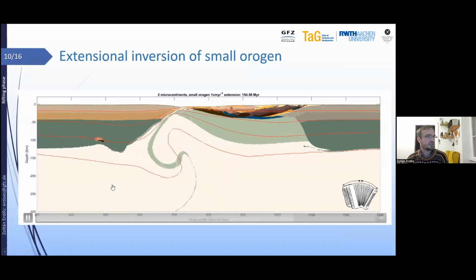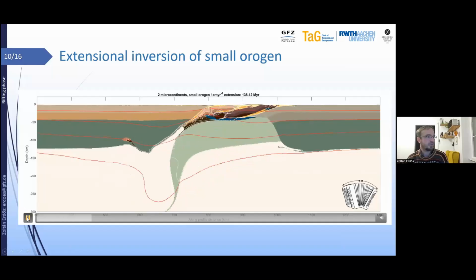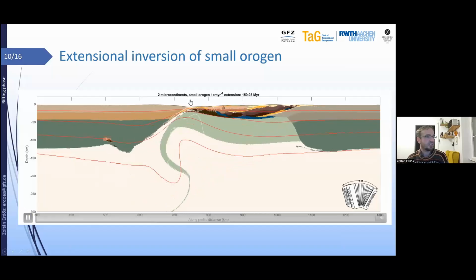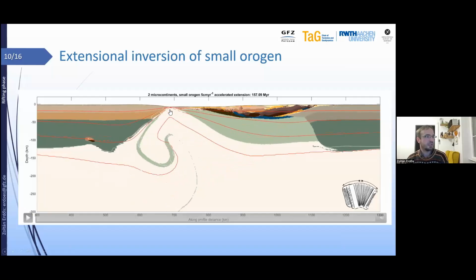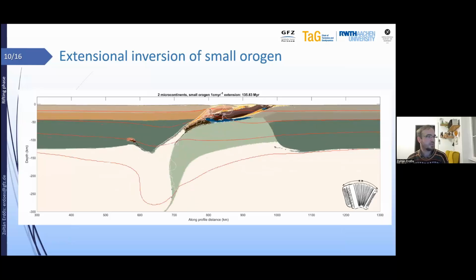In the rifting phase, the small orogen models work like giant core complexes, basically. As I start extending them, mainly the oldest, shortest, steepest suture is the one that is reactivated. That's experiencing most of the deformation, and that's where I have the final rifting happening as well.